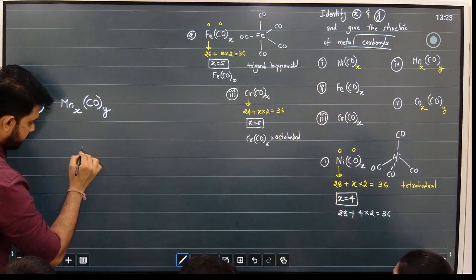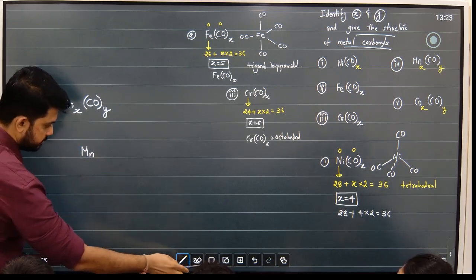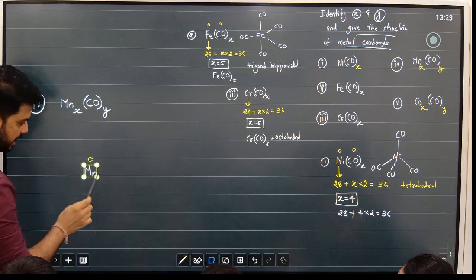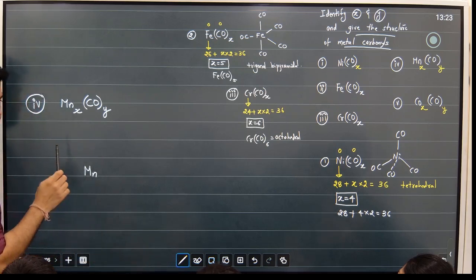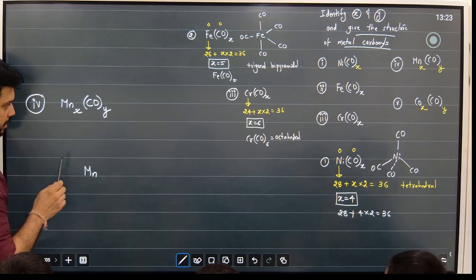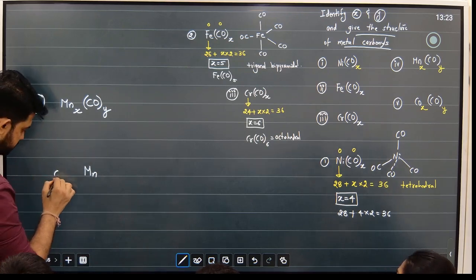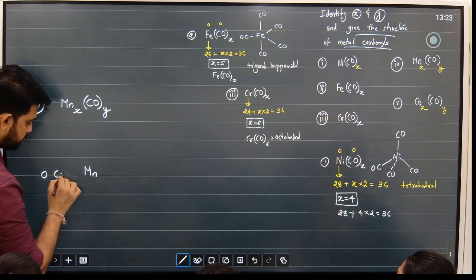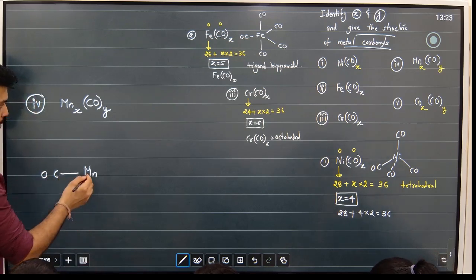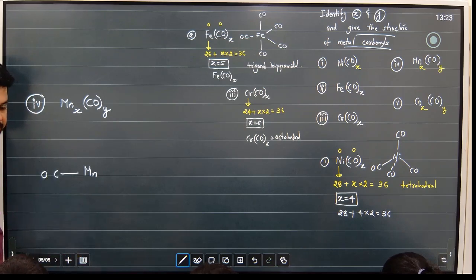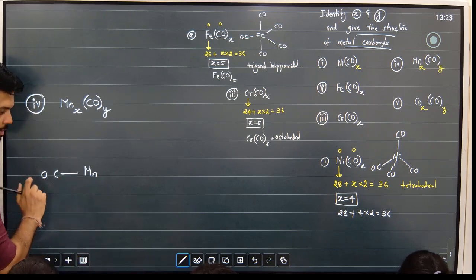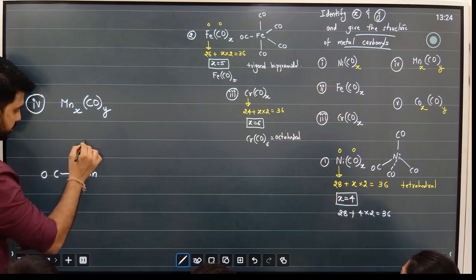See, if I take Mn and if I give 5 ligands to Mn, meaning 5 CO. So let's say this is bond number 1. So Mn had 25 electrons. You added 2 more. So how much is it now? 27.